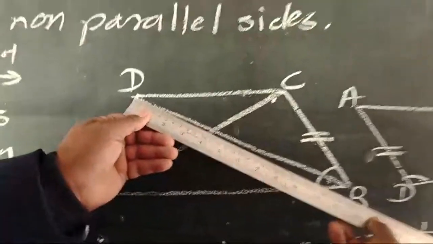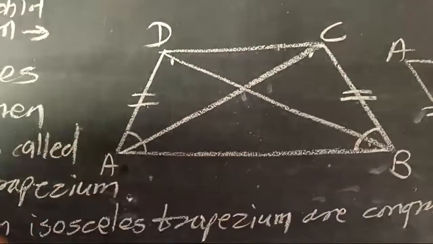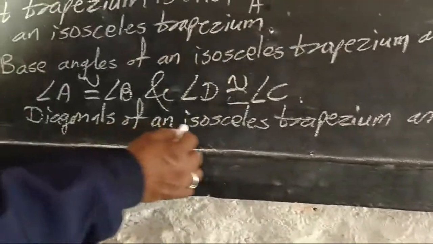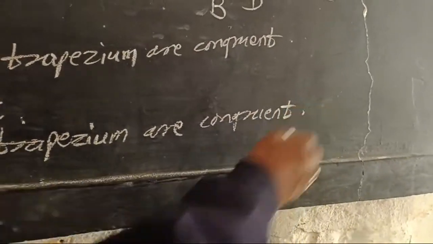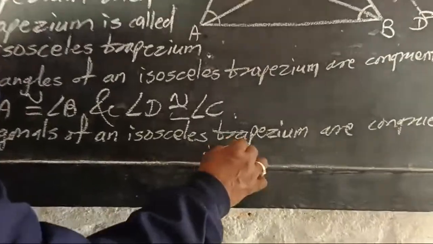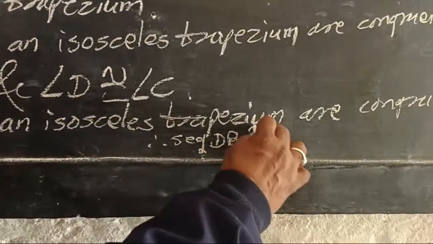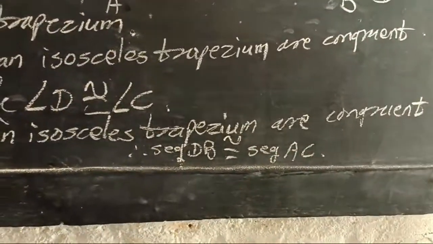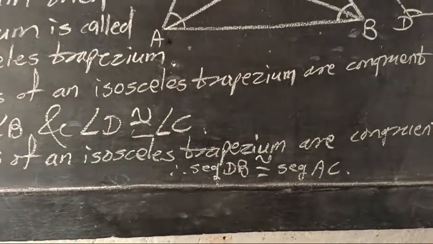Length of DB, suppose 30, then the length of AC also we get 30. Lengths are similar, meaning diagonals are congruent. Diagonal DB is congruent to the other diagonal AC. These are the properties we get here. Is there any difficulty? Write down.